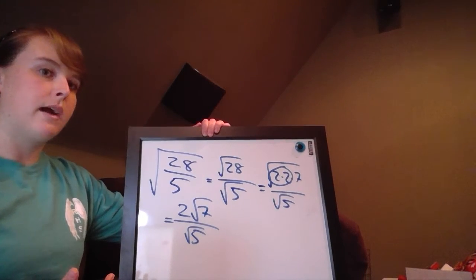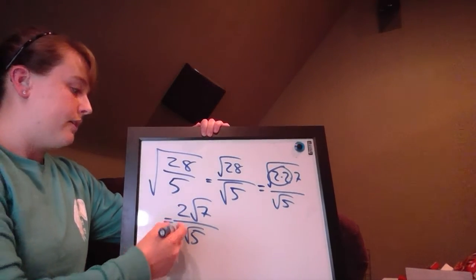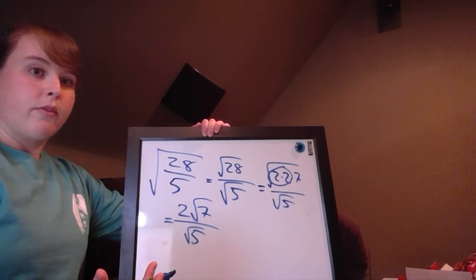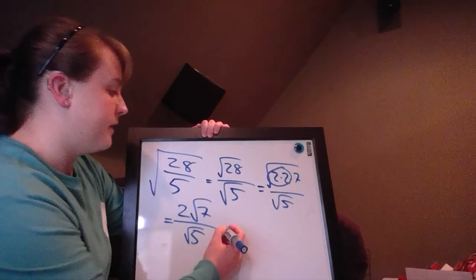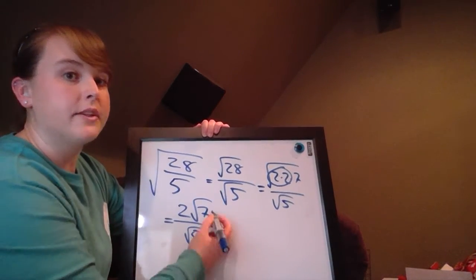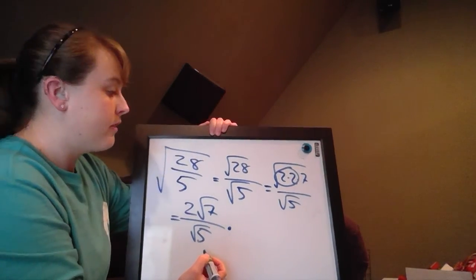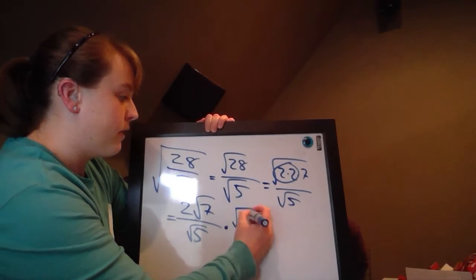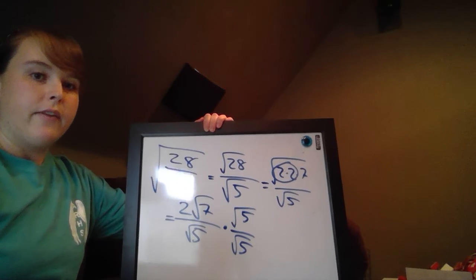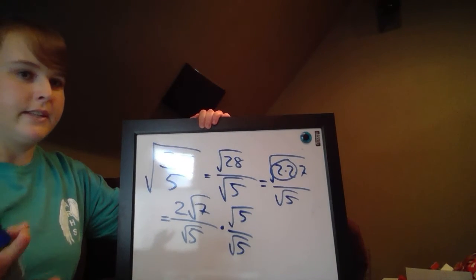So we're almost done simplifying here, except there's one problem. We can't have a square root in the bottom of the fraction, or it's not proper. The way that we fix that is we multiply by the square root of whatever's on the bottom, on the top and on the bottom. So what I'm multiplying by here is the square root of 5 over the square root of 5. And if you're thinking, whoa, wait a second, Miss Lindell, is that allowed?